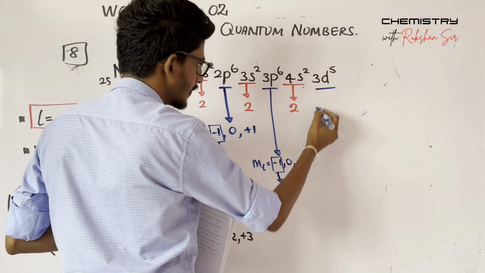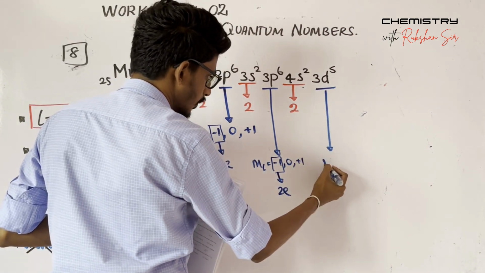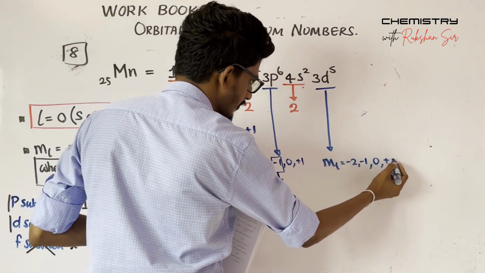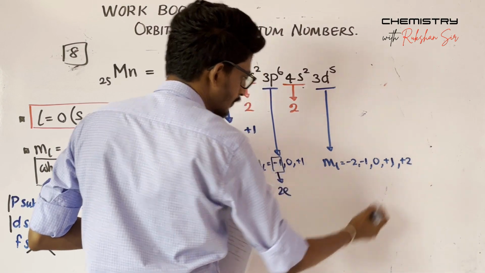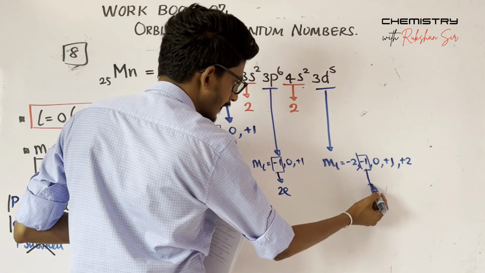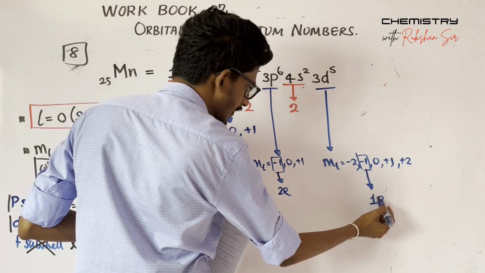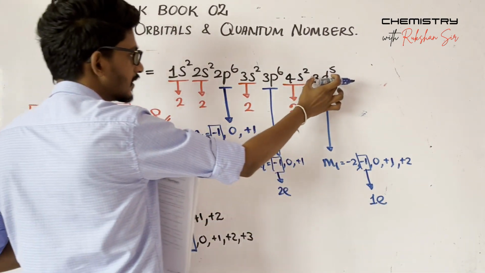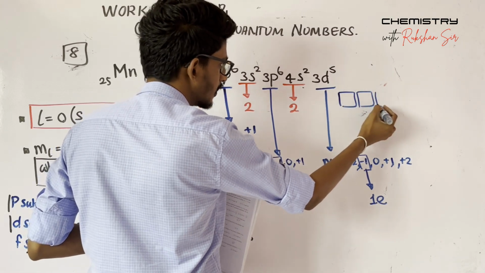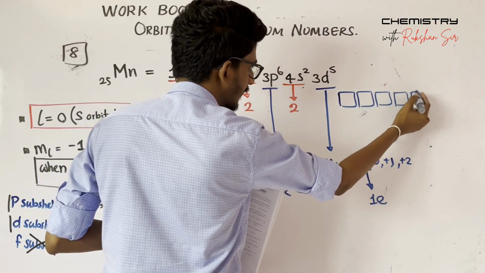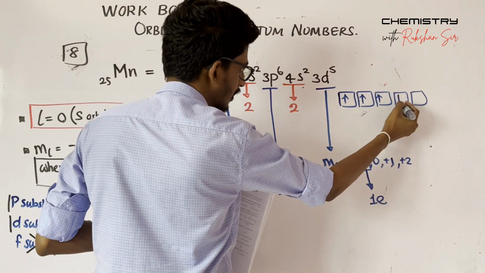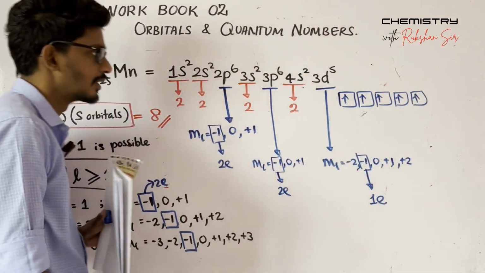Here you have Ml values minus 2, minus 1, 0, plus 1 and plus 2. With Ml minus 1 you have only 1 electron here, because according to Hund's rule, the 5 electrons are filled parallel to each other for the most stable configuration.